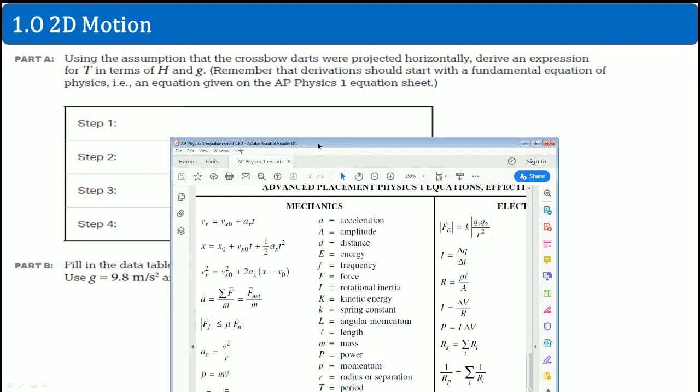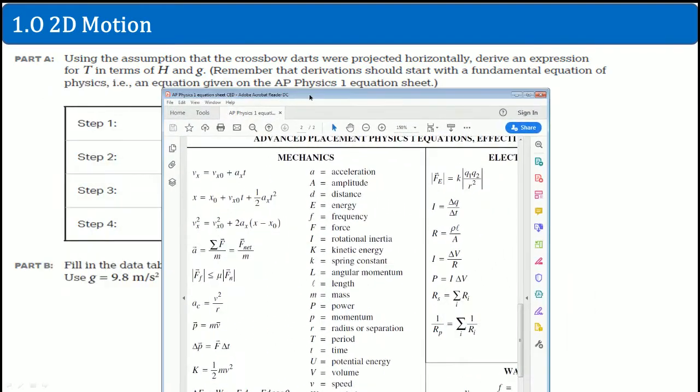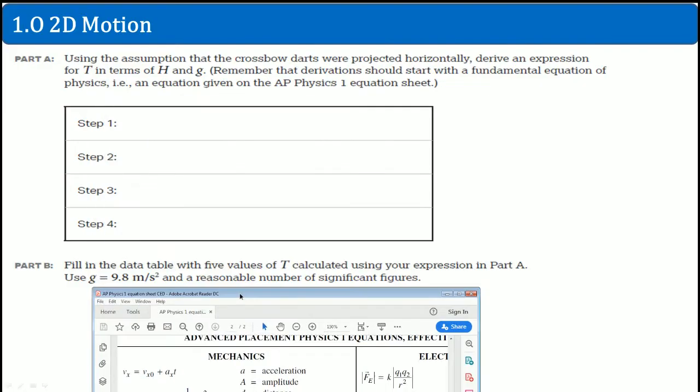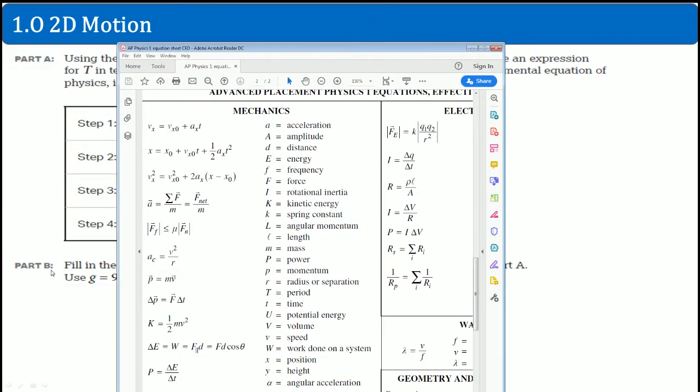Which one are we going to look at? We want to derive an equation for t, which is time. Can we use this one? We can, right? That looks pretty good. We have an acceleration and time.